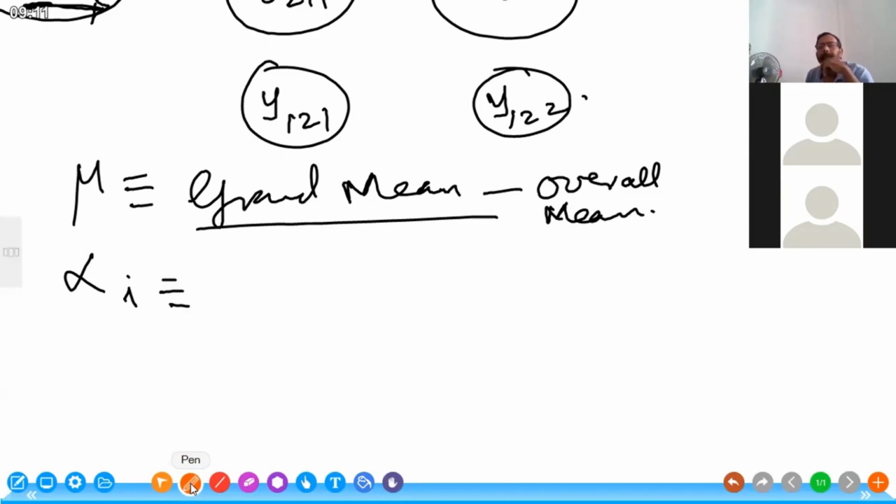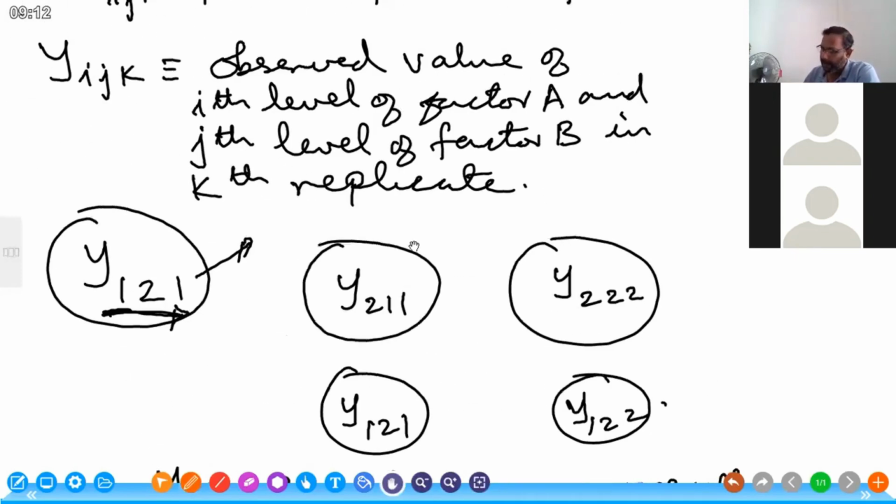Effect of factor. We cannot say factor 1. Can you remember?